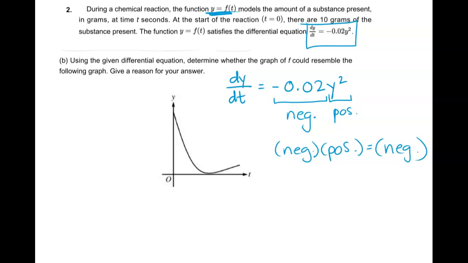So this means f is always decreasing, because the derivative is always negative. Now, if we look at this function over here, it's not true. If you look right here, that's increasing, has a positive slope, or the tangent line has a positive slope.